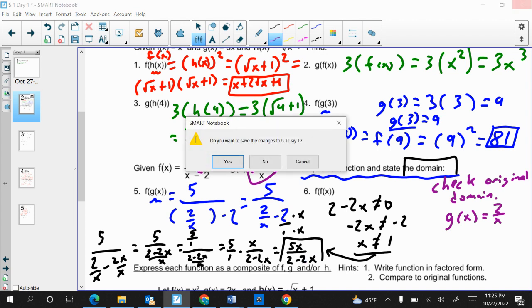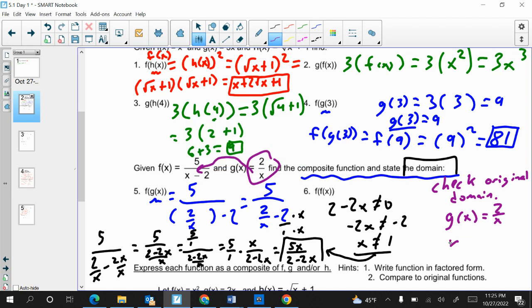So I actually need to check both the final function but also the very first function I look at. So that means that x cannot be 0. So my domain is the set of x such that x does not equal 0 or 1.